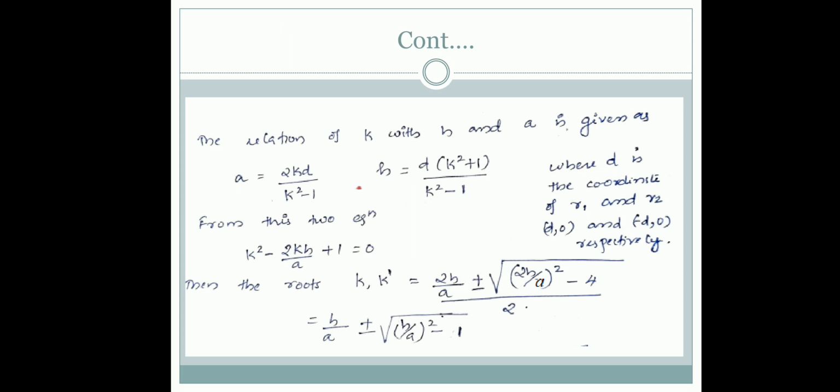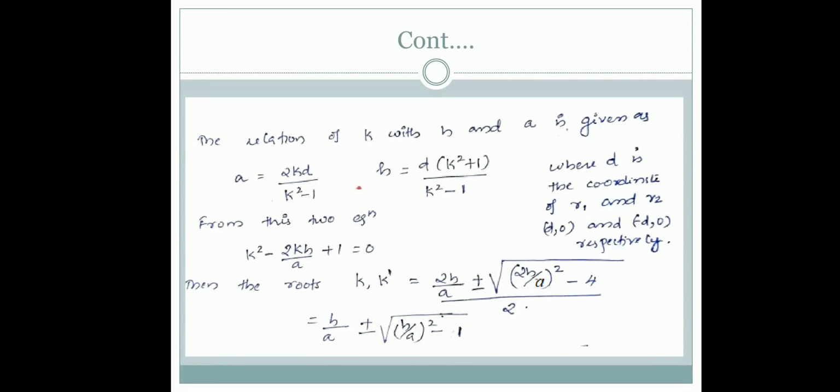So for that, we are finding the relation of k with our two-wire transmission line's parameters like h and a. So to find the potential difference of a two-wire transmission line, we are finding the relation of parallel wires' parameter with the transmission line parameters, that is the relation of k with h and a.